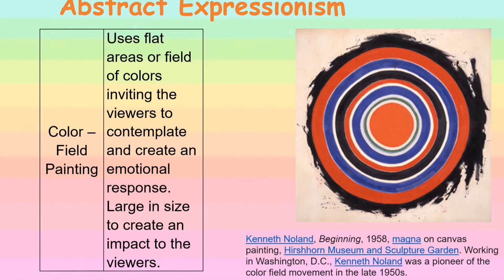As you can see, color field is characterized primarily by large fields of flat, solid color spread across or stained into the canvas, creating areas of unbroken surface and a flat picture plane. The movement places less emphasis on gestures, the brush strokes and action, in favor of an overall consistency of form and process.